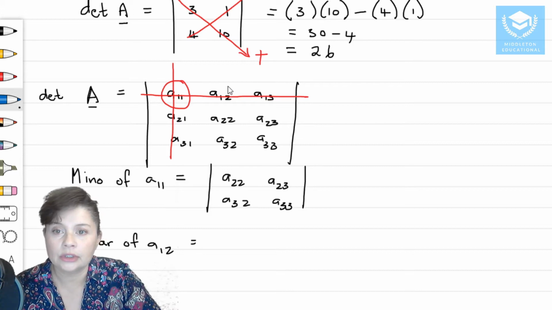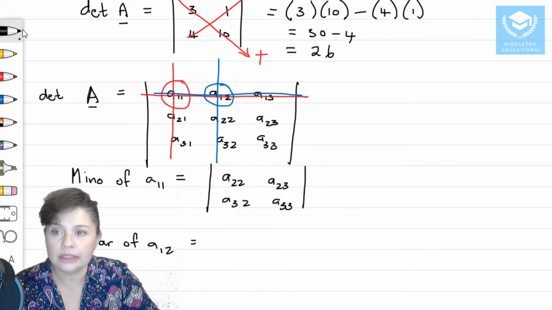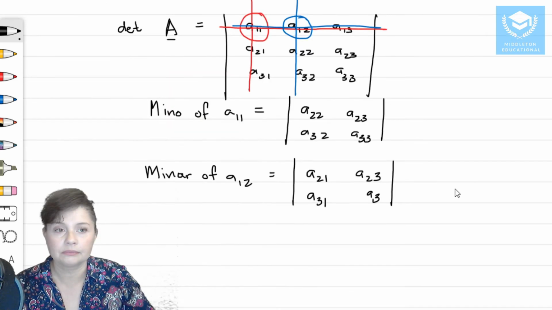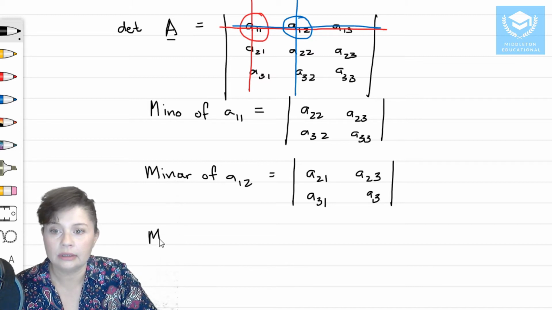We're going to need also the minor of A12. So A12, I'm going to use blue, and you put a line through everything in the row and everything in the column, right? Which means the minor in this case is going to be A21, A23, right? Everywhere where there isn't a blue line through it, and A33. And then the last one we need is the minor of A13, right?